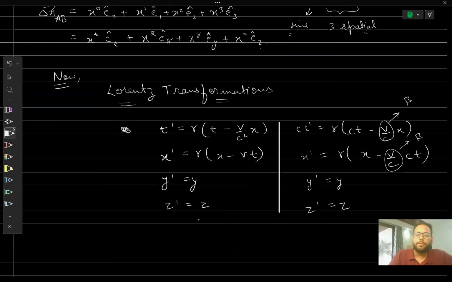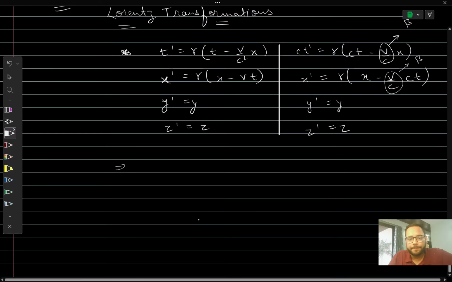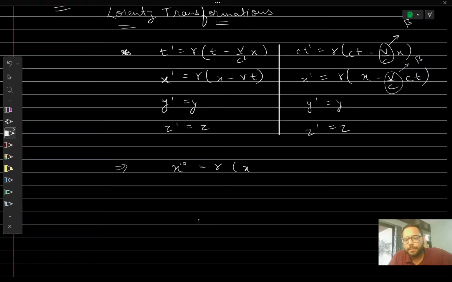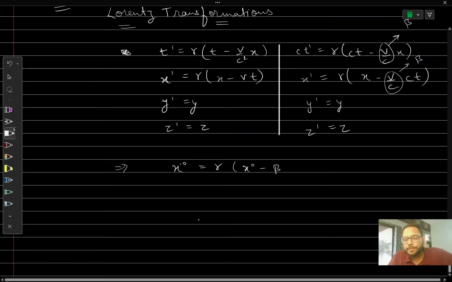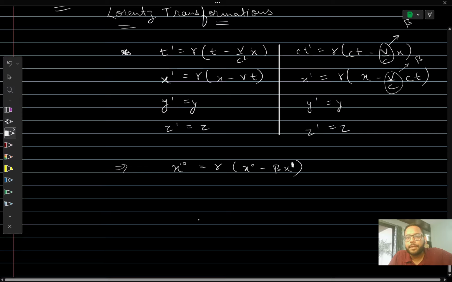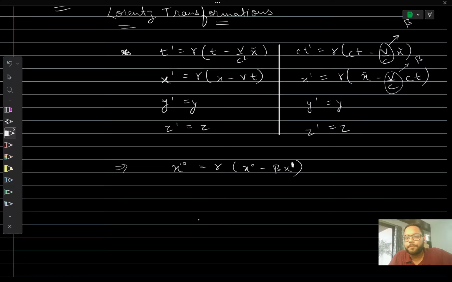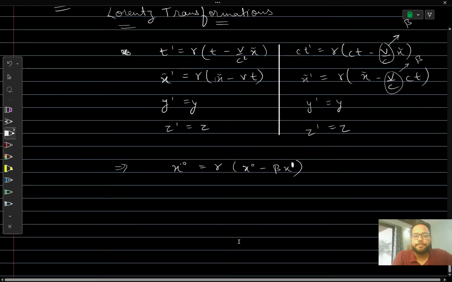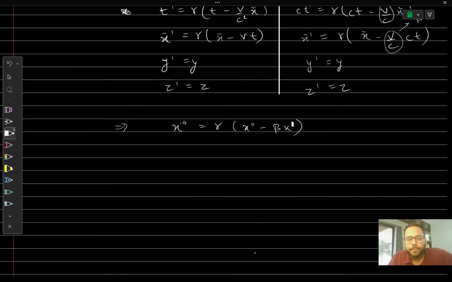You can write it again by defining your components like this. This is the prime coordinate, this is the unprimed coordinate. This is x0, this is x1. You can write it with a tilde to differentiate from our x notation.